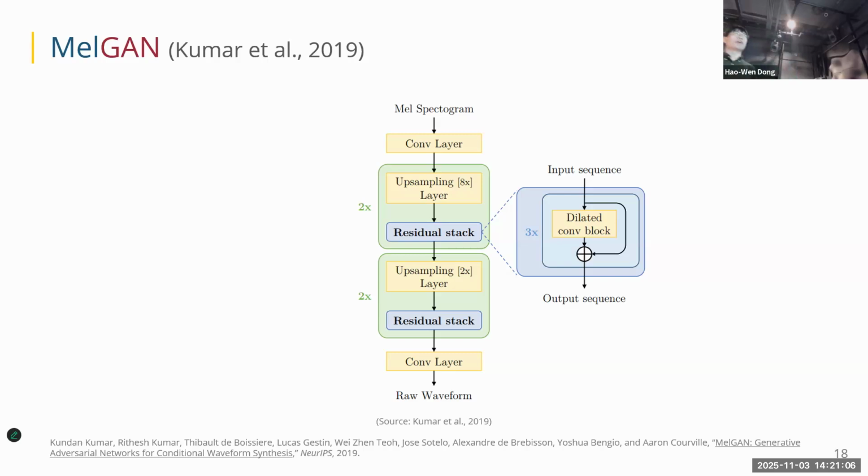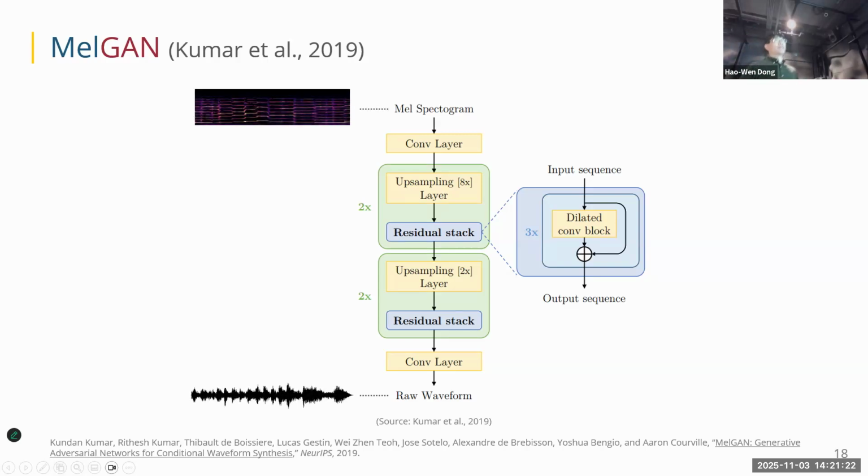So the first one is MelGAN. So you see GAN, generative adversarial networks, but in a slightly different format. But the idea is that we have this spectrogram. Can we get the waveform out, which is essentially what we want, right? We have the mel spectrogram and we want to get the waveform.